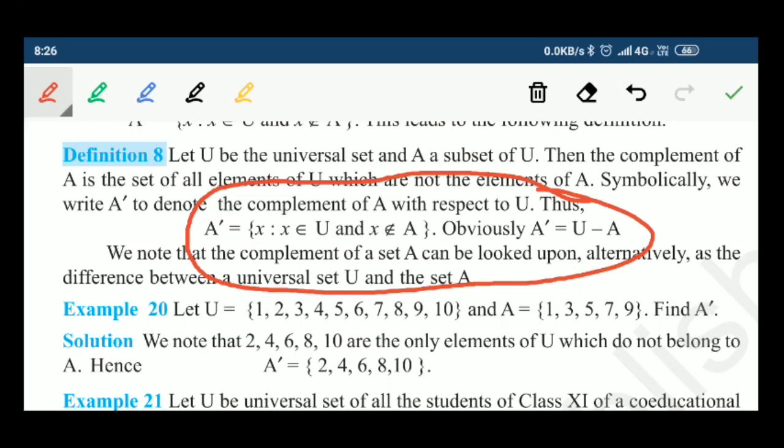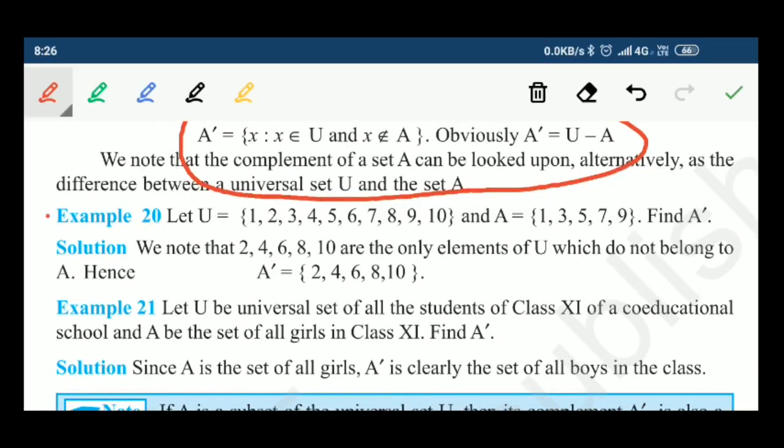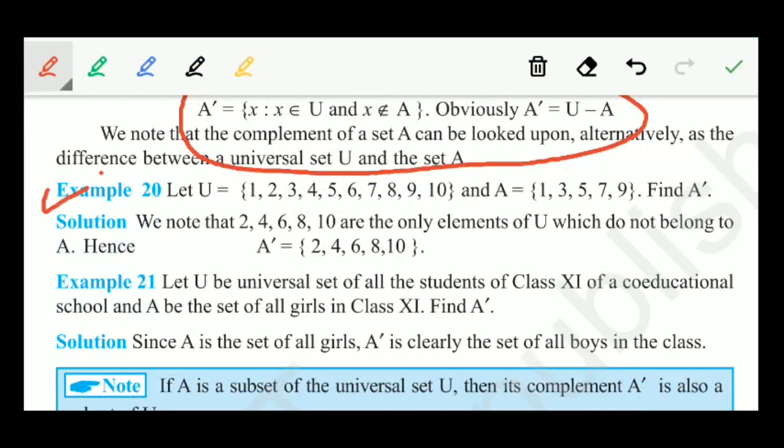So remember, see the example. In example 20, let U be the universal set containing the first 10 natural numbers, and A contains only 1, 3, 5, 7 and 9.